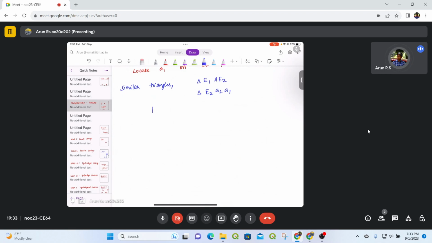From this, if we write P top by length of the base is equal to F by H minus H top. So we need P top. P top is equal to F into B divided by H minus H top, and P bottom is equal to F into B divided by H minus H bottom. Similar equation.